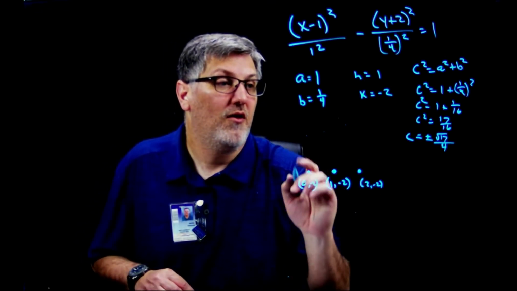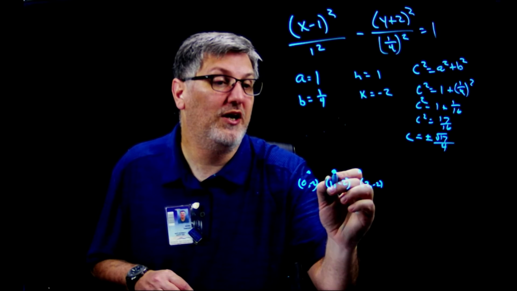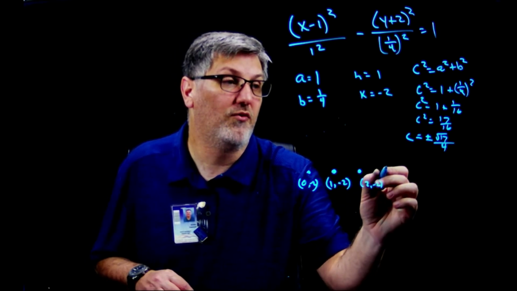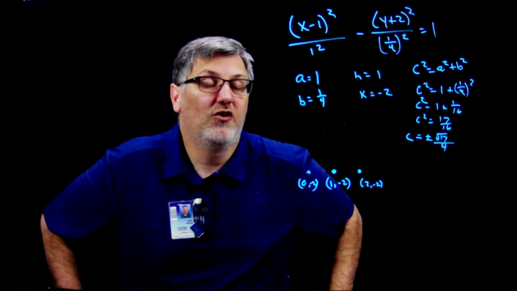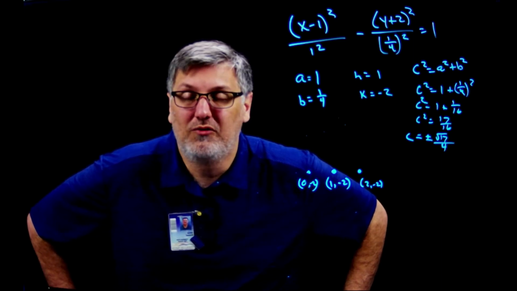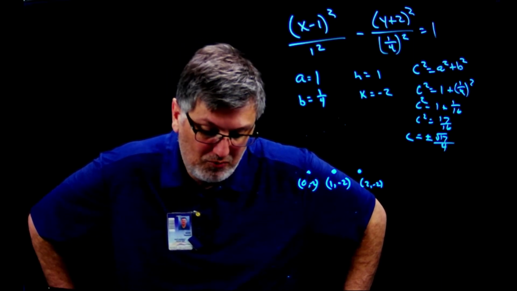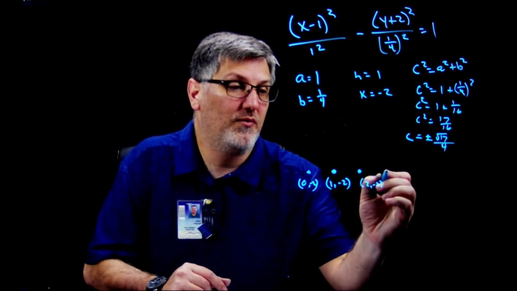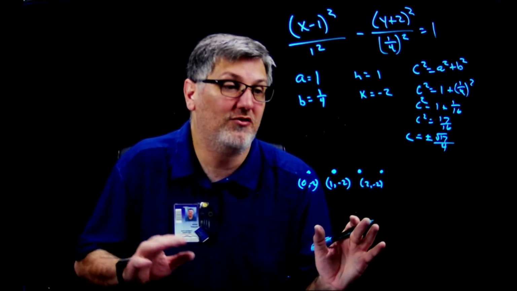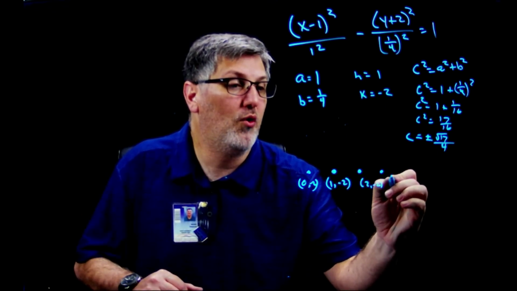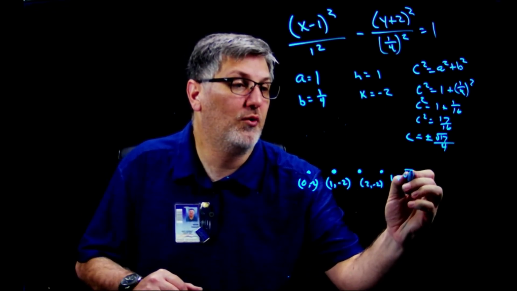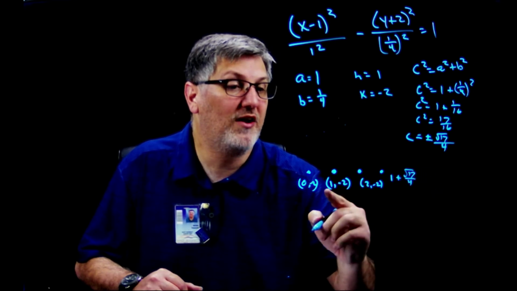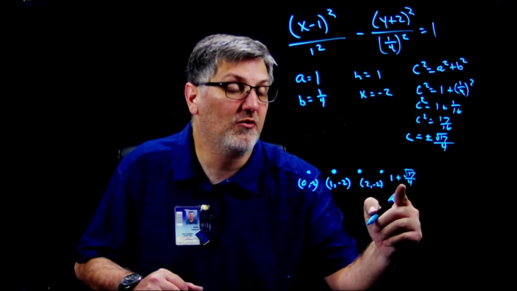Now, all that means is my distance from my center, all the way over, is the square root of 17 over 4. Well, what exactly does that mean? Well, I have 1. I have another point over here. I don't know what this decimal is. I don't even care. Just label it. This is going to be 1 plus the square root of 17 over 4, because I have to add from the center to get to my foci, comma -2.